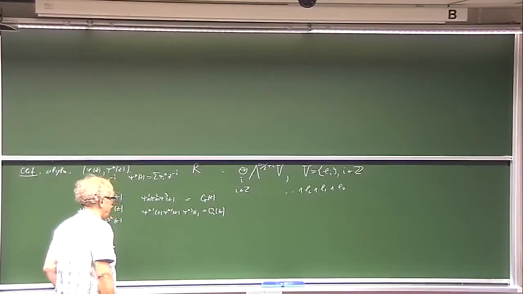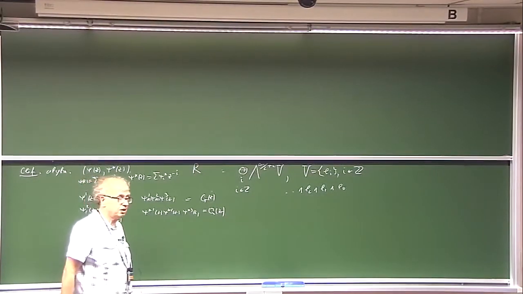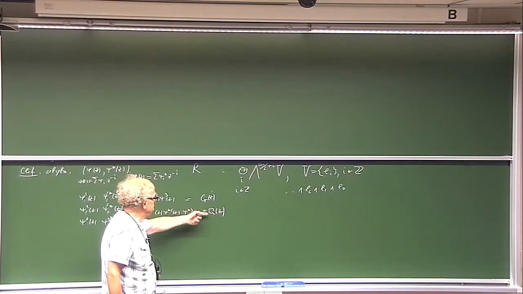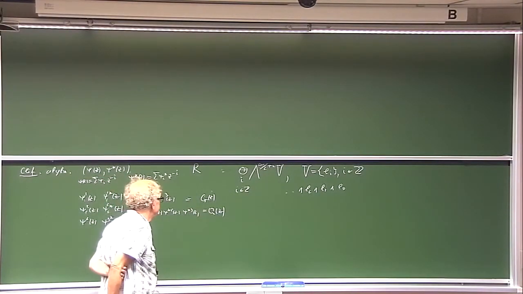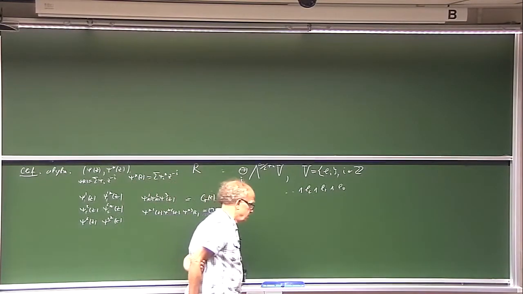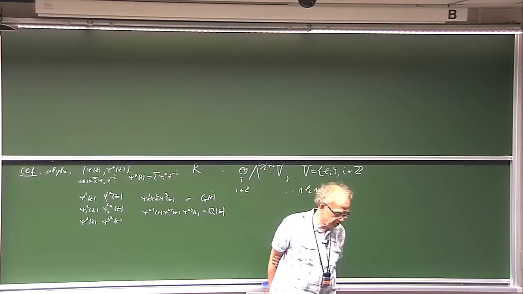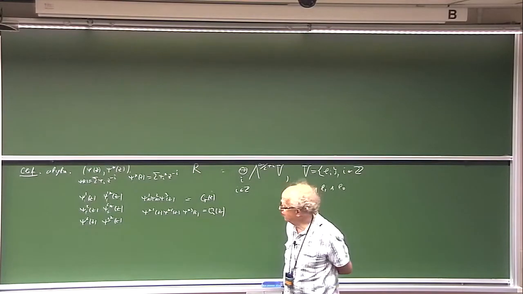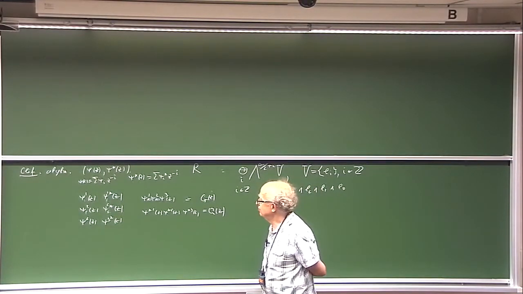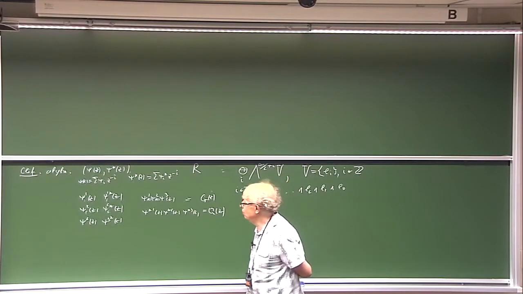And I claim that in this case we can consider the algebra generated by this and this. I said that, for example, this is a rather famous and popular example because this is the N equals 2 algebra. And we can do more than that.